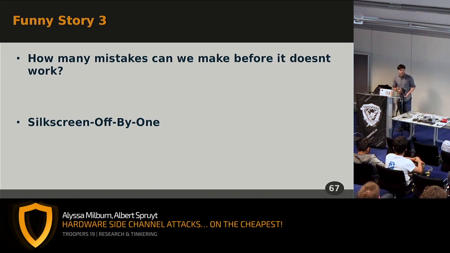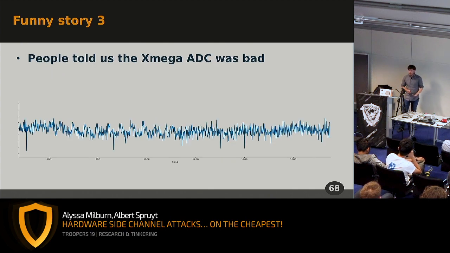Everyone told us that the ADC on the Xmega was really bad. So we took a measurement like this, and okay, it's bad, but we can still sort of see these rounds of AES, right? But because the silkscreen was off by one, we hadn't actually connected the pins.